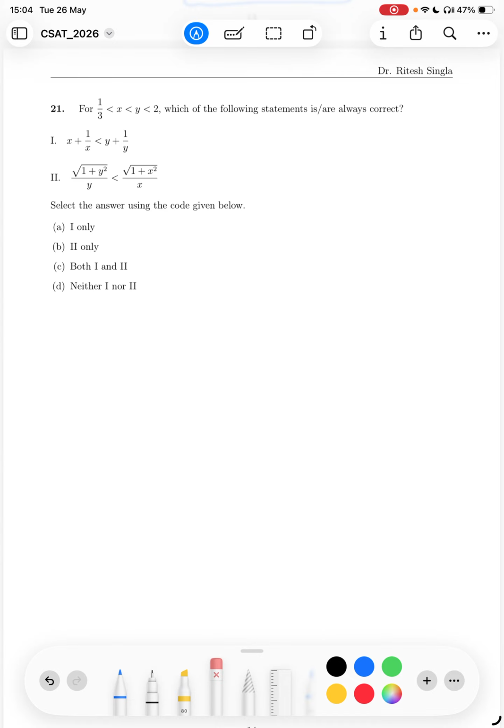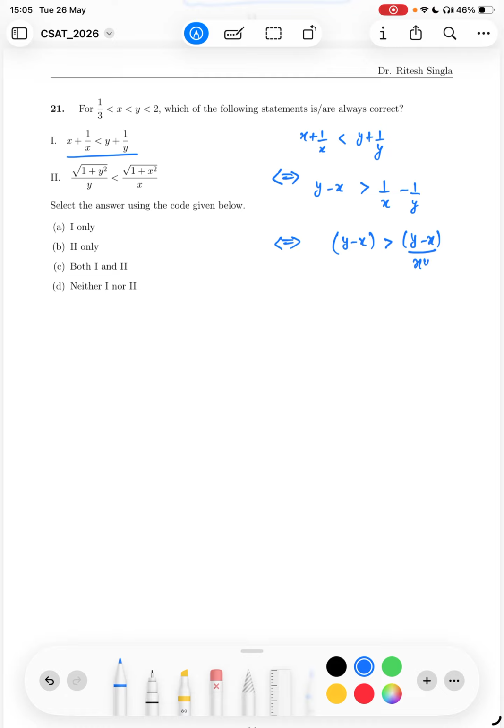Okay, so if you see the first statement, it is saying that x plus 1 upon x has to be less than y plus 1 upon y. If you do some manipulation, it is the same as saying y minus x is greater than 1 upon x minus 1 upon y, or y minus x is greater than y minus x upon xy.